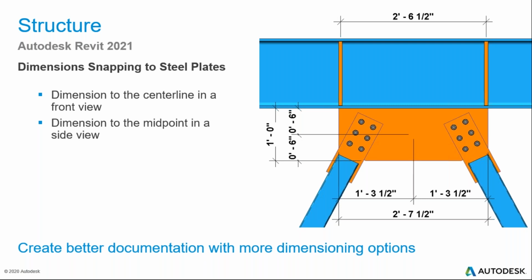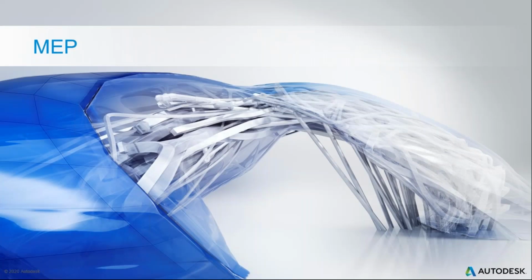For stiffeners and connection plates along the beam, improvements have been made that enable you to dimension them from center to center with a dimension to the center line of the beam depth. Because these dimensions are parametric, if you move these stiffeners, the values of the dimensions between them will update automatically. This allows you to efficiently create more accurate and readable engineering documentation for structural steel projects.